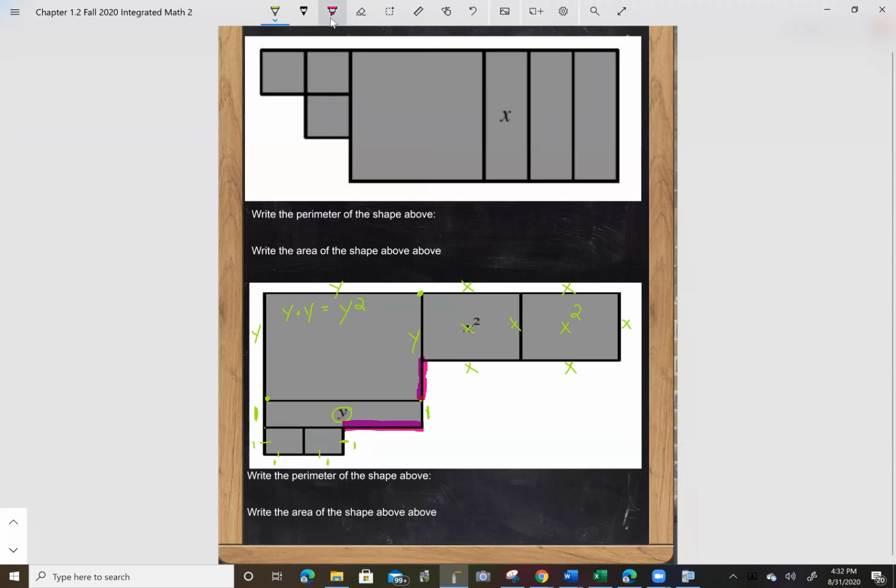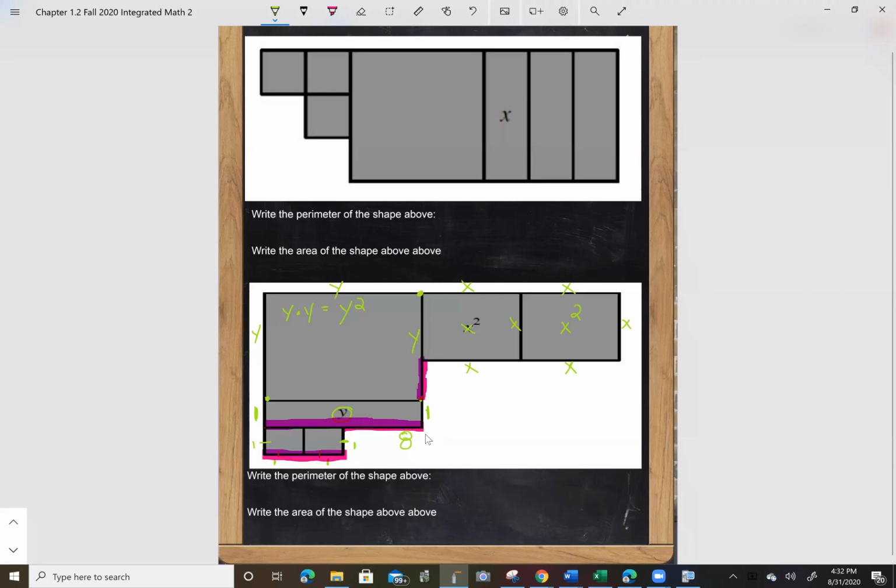If this is 10 all the way across, and I know this is 2, what's left over? Well, then this would have to be 8 because 8 plus 2 would be the full 10.